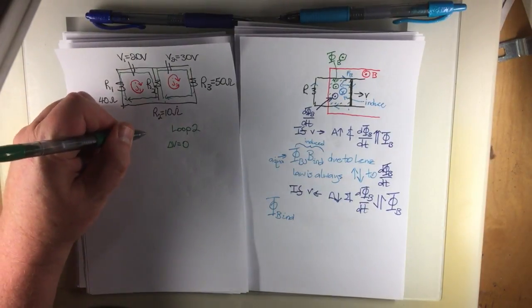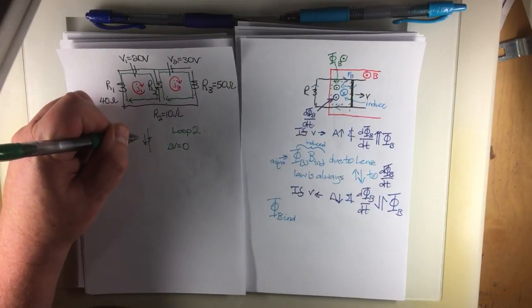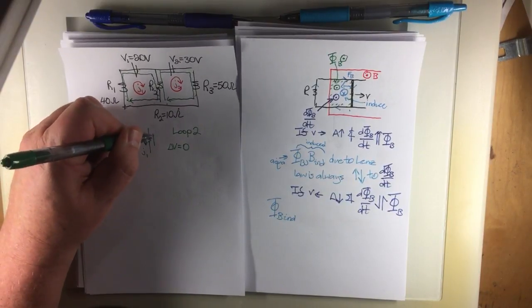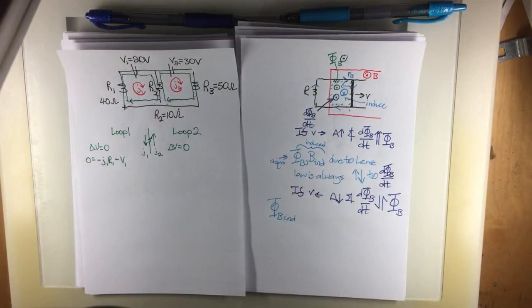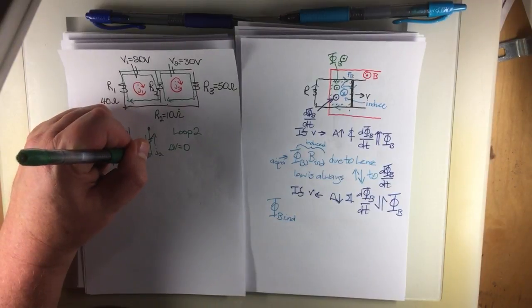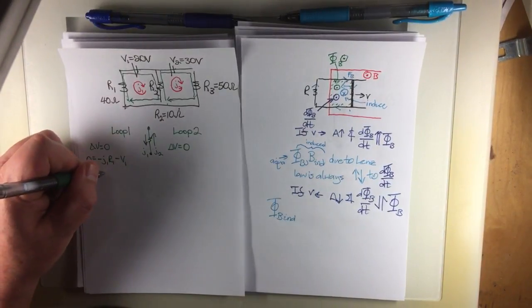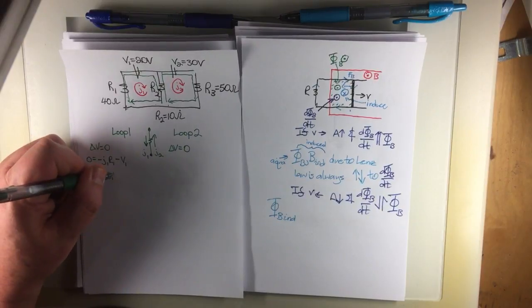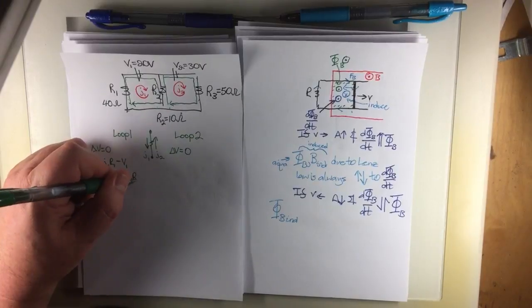In the middle segment, J1 is going down and J2 is going up. If I go from top to bottom, I'm going with J1 but against J2. So that is minus J1 R2 plus J2 R2.